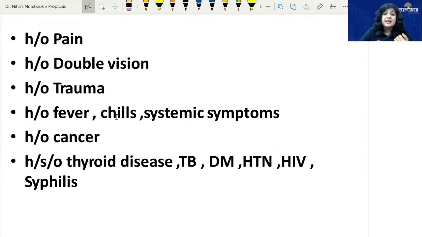Then history of cancer. Maybe your patient is a known case of carcinoma, and lymphoproliferative disorders are again very, very common in orbit. And of course, the very important thyroid eye disease, diabetes, hypertension, HIV, and syphilis. So when you have all these backgrounds, it will become very easy to decide which options could purely be neglected, and mostly you are left with two.